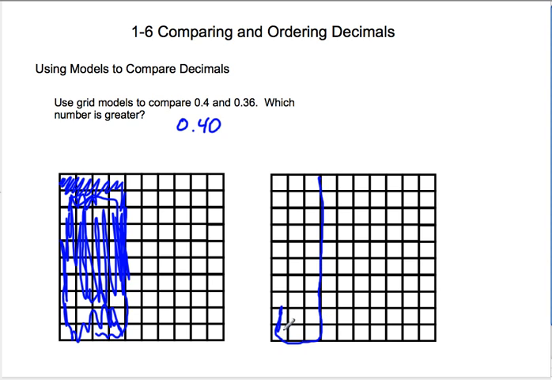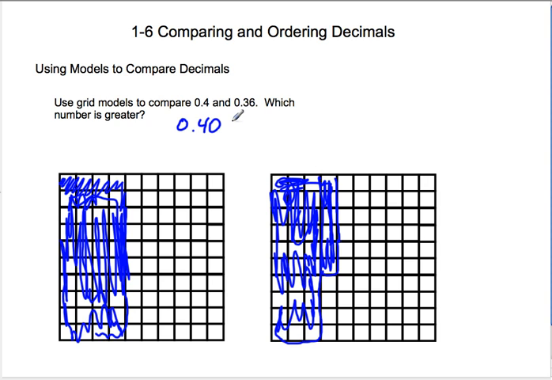So all these, and 6 more. So let's do those 6 there. Okay. And so if we compare these two, we can see that this one has 40 squares shaded, and this one over here has 36 squares shaded.